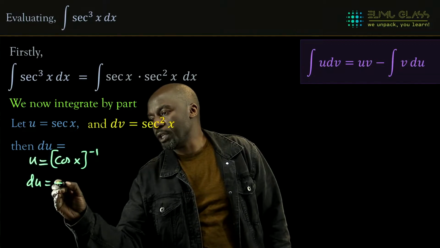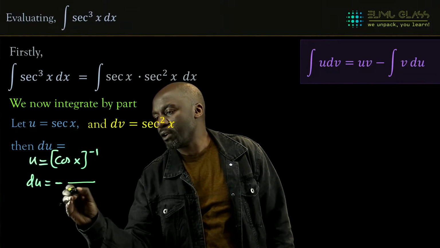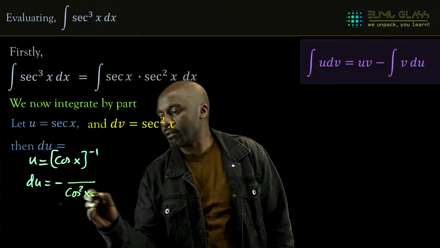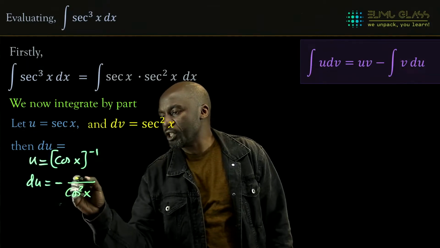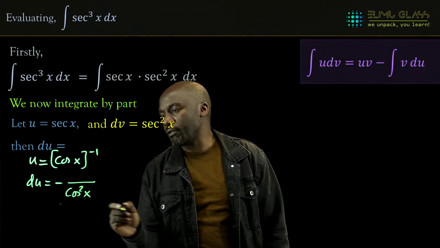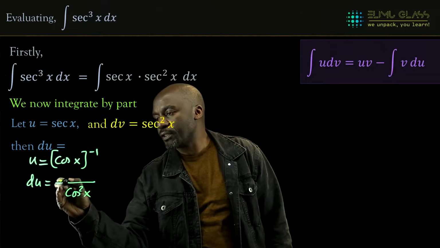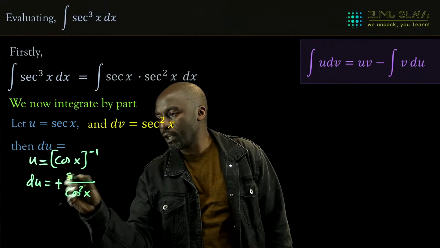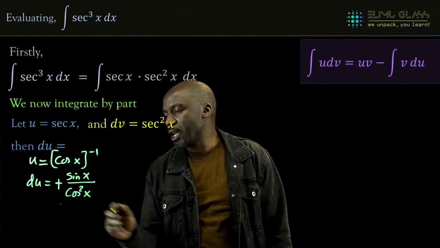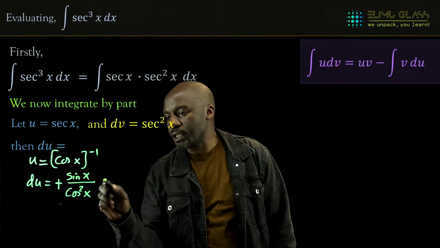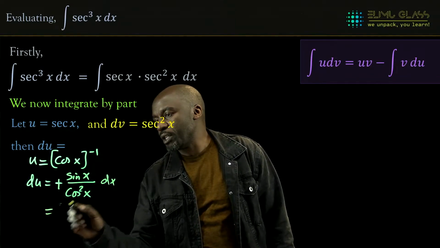So this is going to be negative 1 over cosine squared of x, and then we differentiate the inside, and the derivative of cosine is negative sine, so that turns this into positive sine of x dx. This can be simplified.